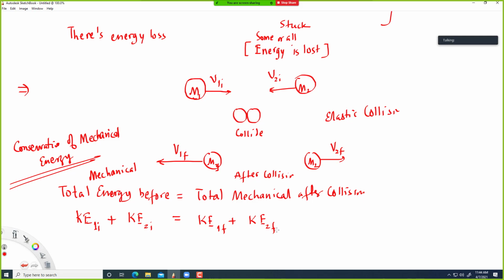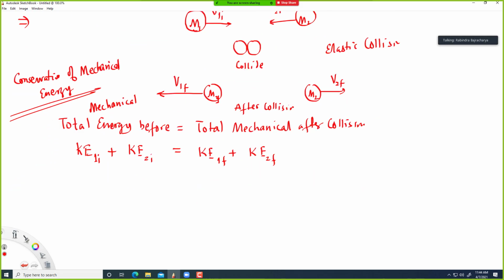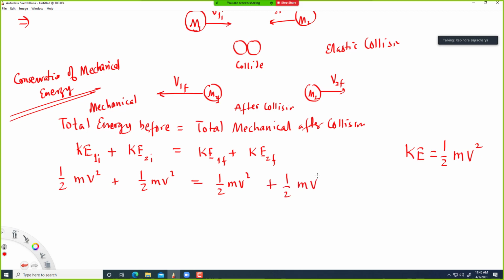Now what's the formula for kinetic energy? Do you remember that? Kinetic energy is 1/2 mv squared. Okay, so 1/2 mass v squared. This is also 1/2 mv squared, and so are the others. All are same, but how do you differentiate the terms?